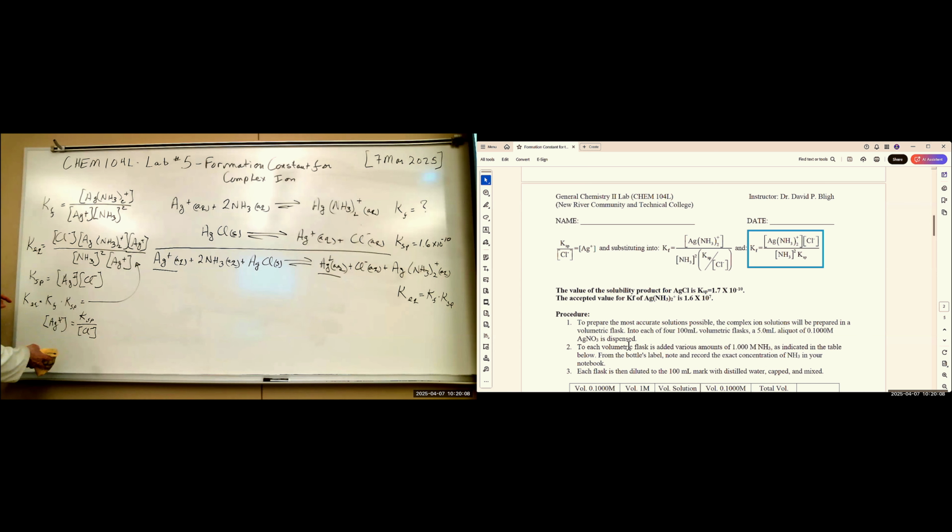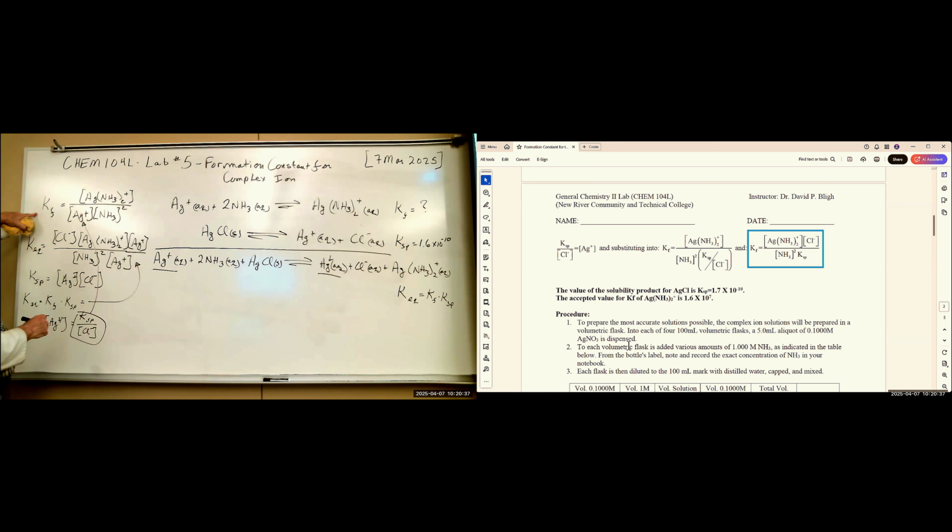Okay, so here's what we're doing. We're saying if this is equal to silver, then we can substitute that, not there. We can substitute this one right here. That way, we're still solving for KF. If we do it this way, then we're KEQ. That doesn't help us.